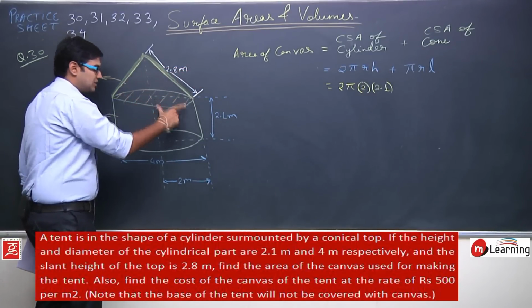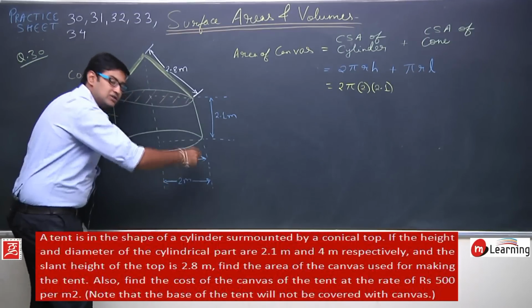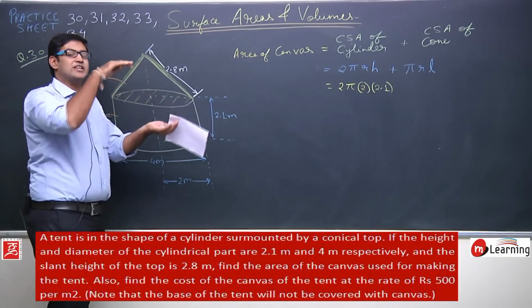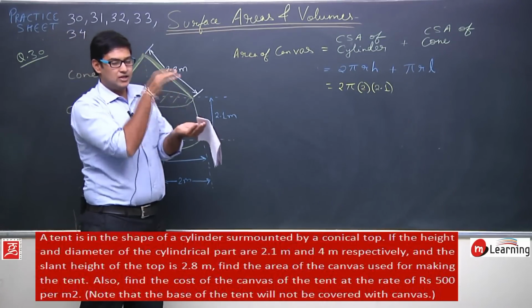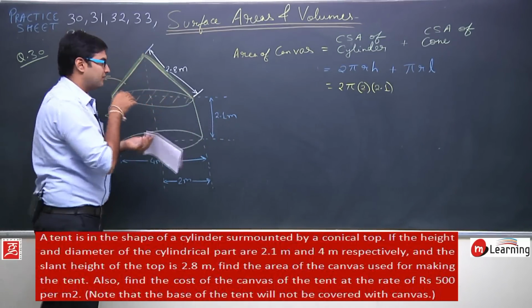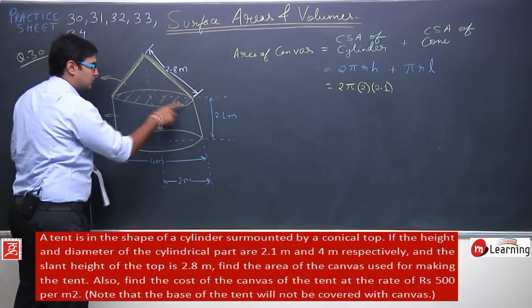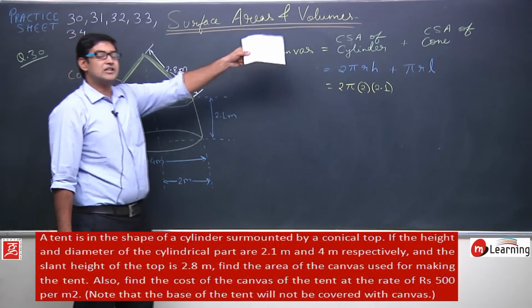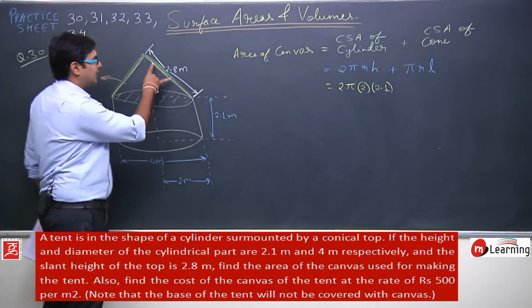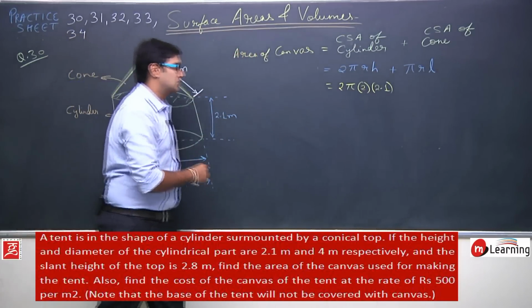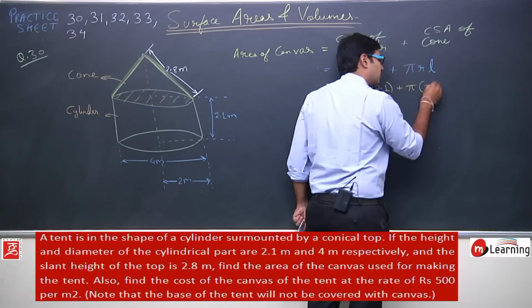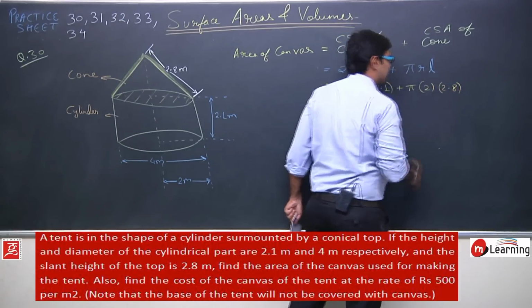R is radius which is 2 again, because जैसा हमने कहा base of this cone and the top of this cylinder are similar, वो दोनों exactly similar हैं. That's why the radius of the cone will also be 2 meters. And then L means the slant height. Now slant height is given as 2.8 meters. So plus pi into 2 into 2.8.